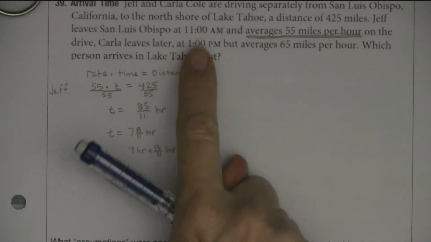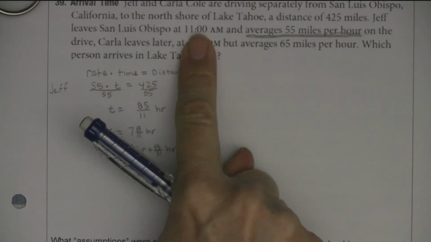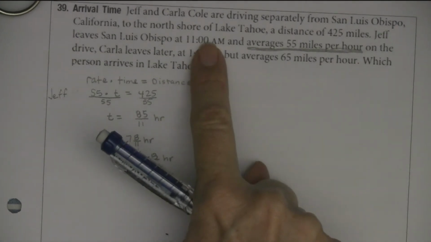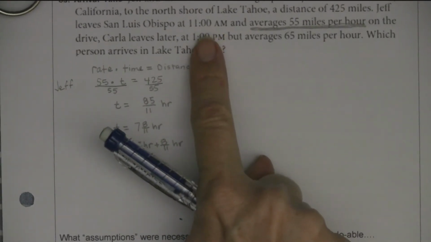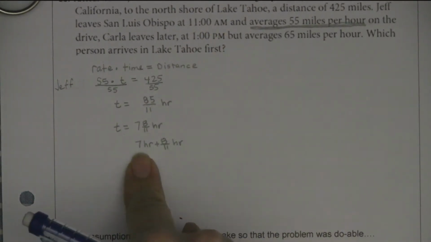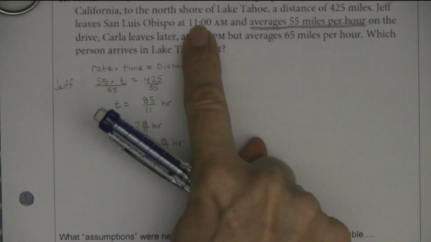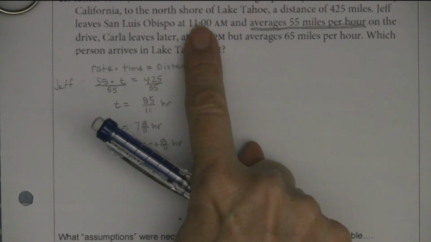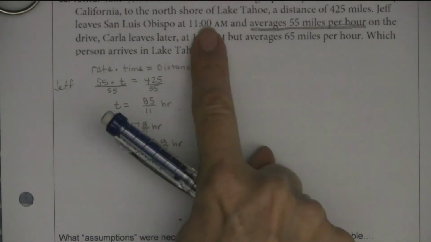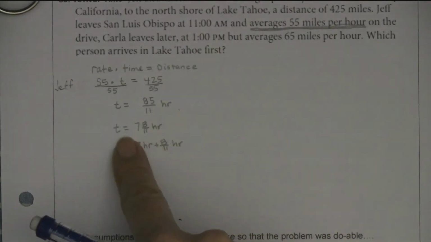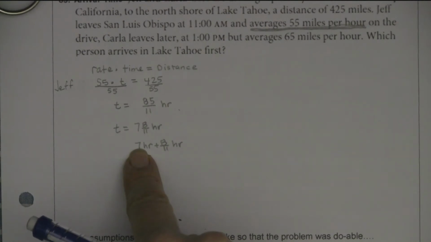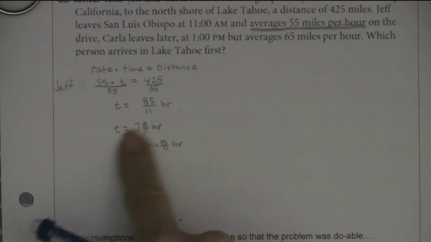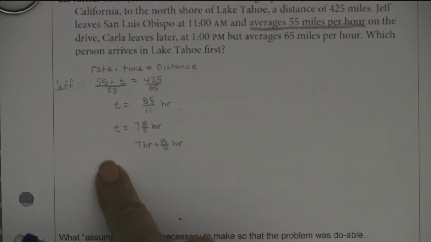But we can see about what time he's going to get there. If we add 7 hours onto 11 a.m., then going 12 noon was 1 hour... 6 o'clock. So almost 7 o'clock is about what time he is getting there.